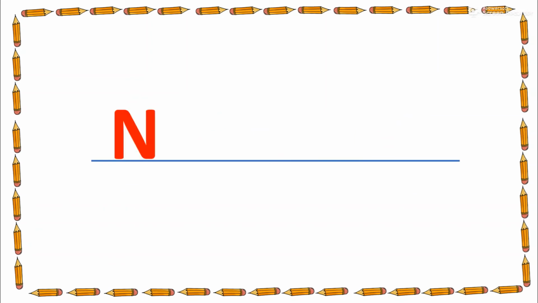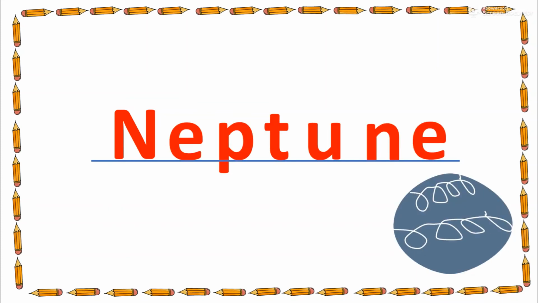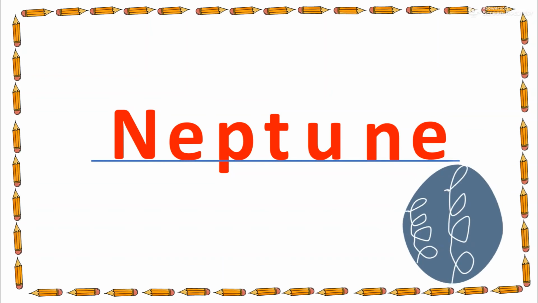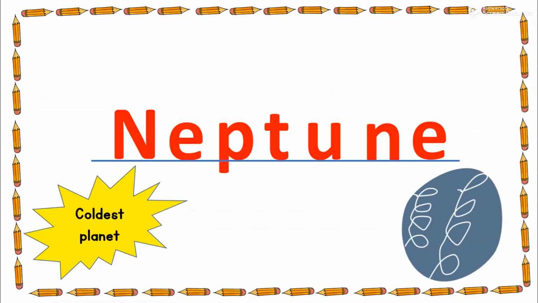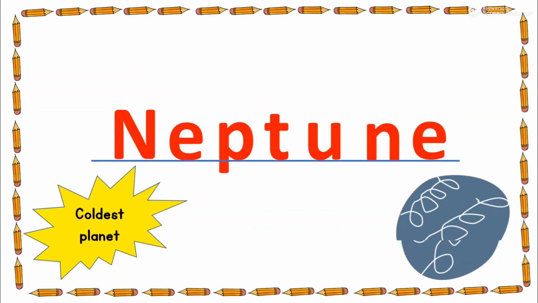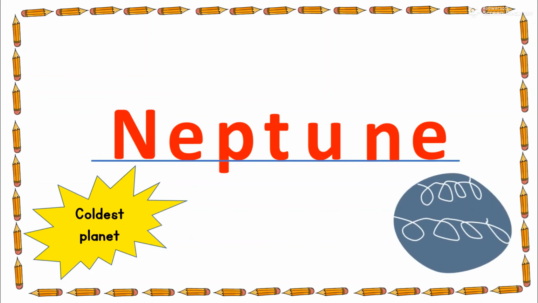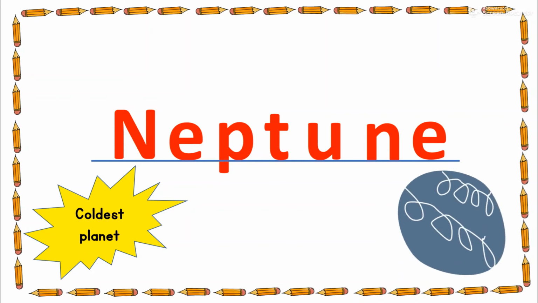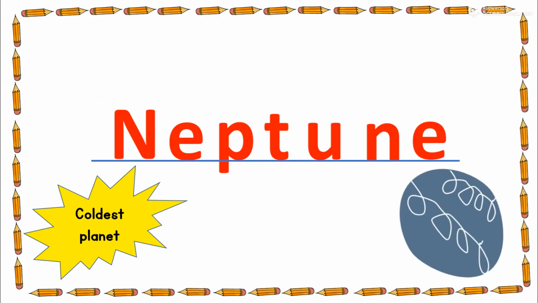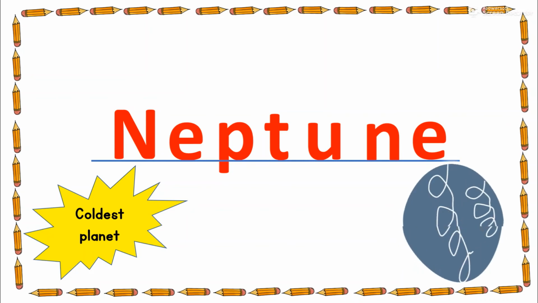Neptune. It is the furthest planet from the sun. Neptune. There are so many pronunciations for this word.